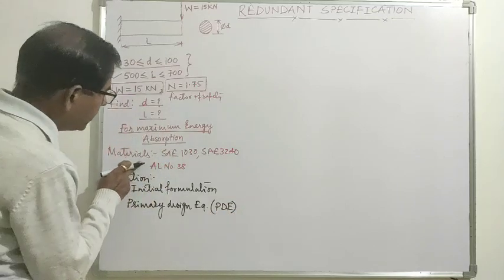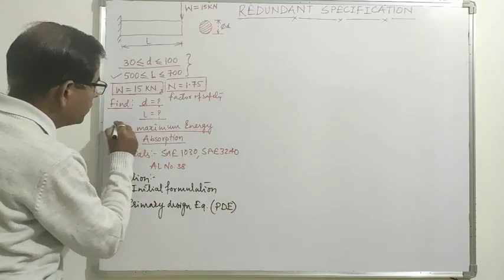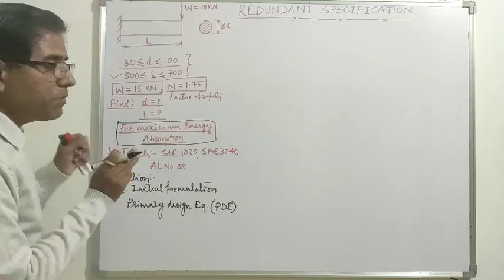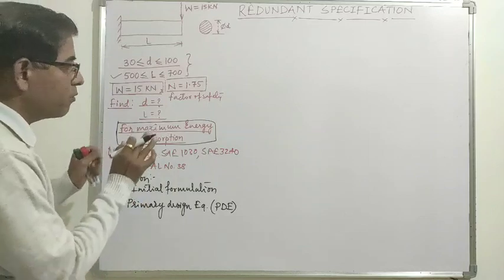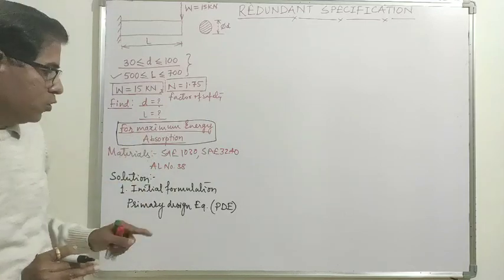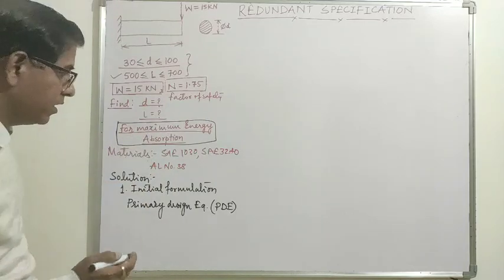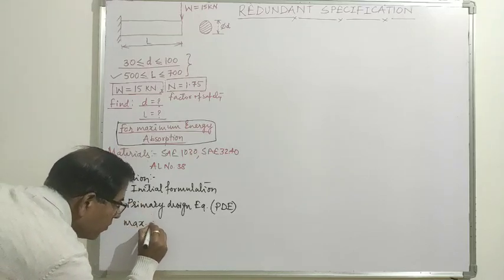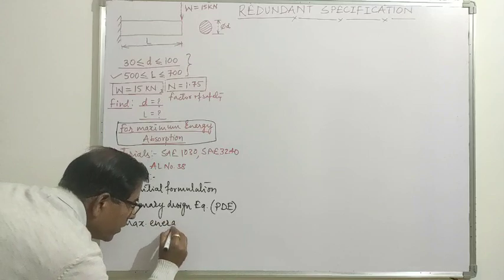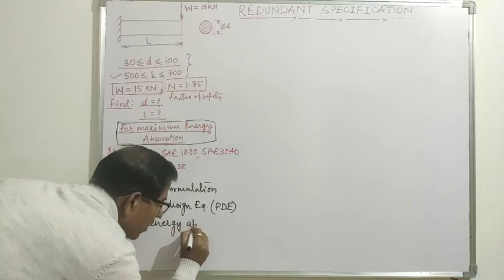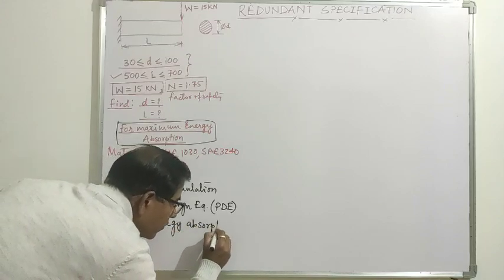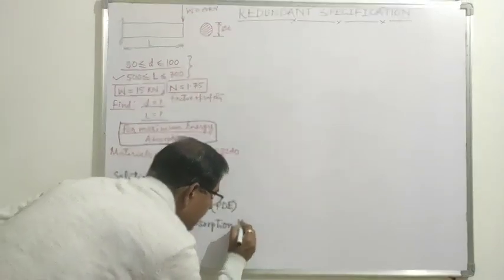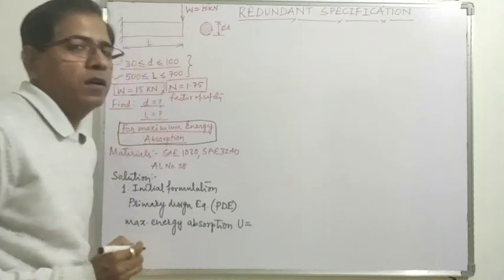Now what is the objective of this problem? It is maximum energy absorption. So optimization is to be done for maximum energy absorption. So our primary design equation will be maximum energy absorption. And what is the formula for maximum energy absorption?